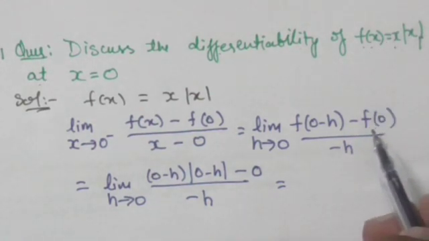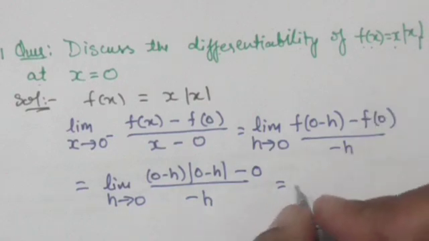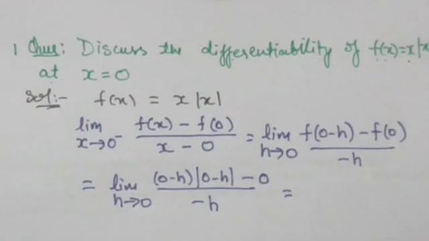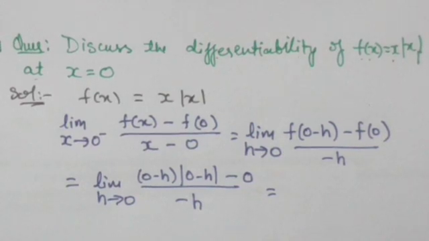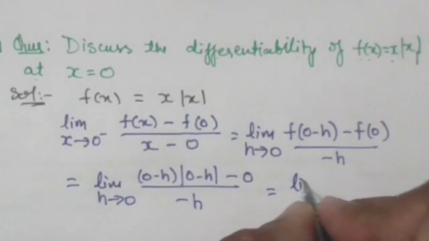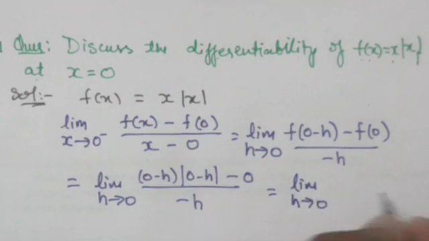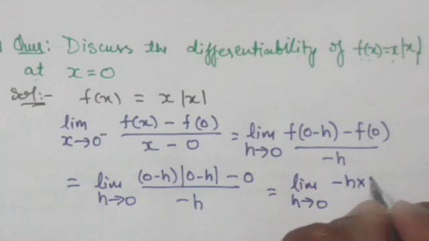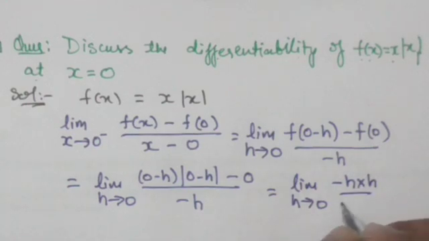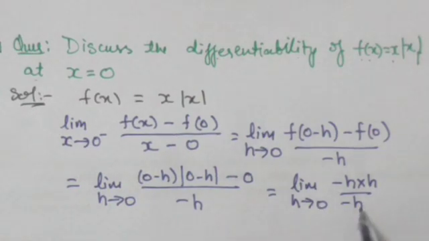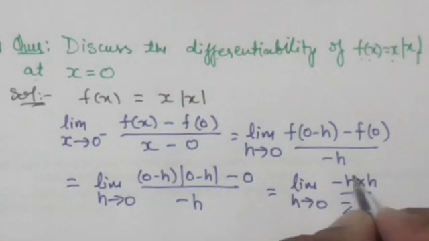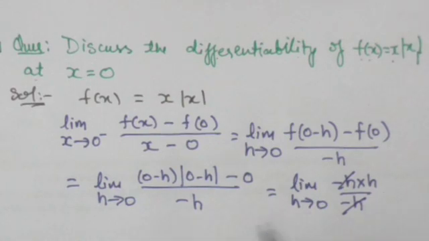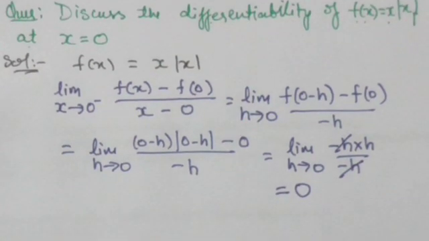According to the definition, f(0) will be 0. This minus h will cancel this minus h, and limit h tends to 0, h will be equal to 0. So the left hand derivative is 0.